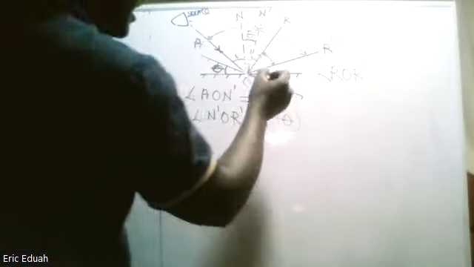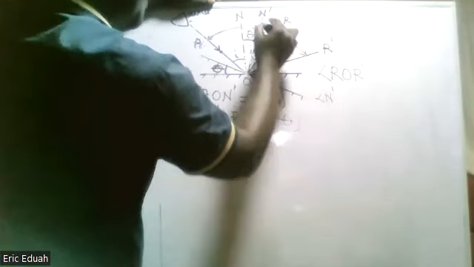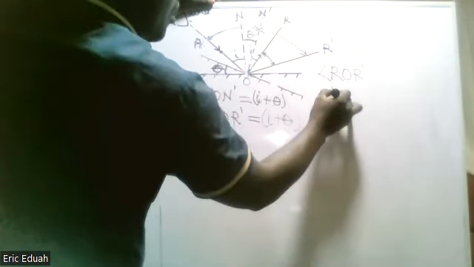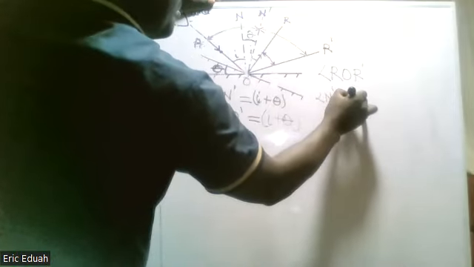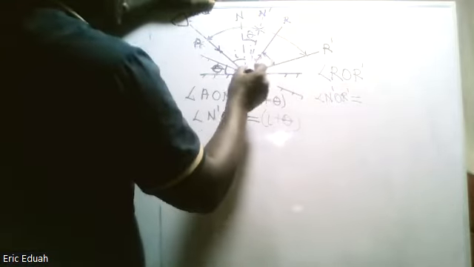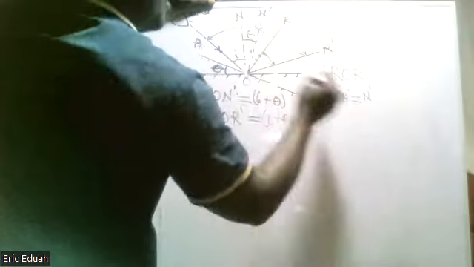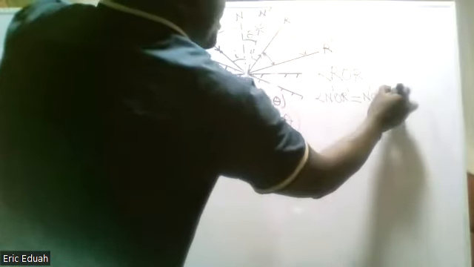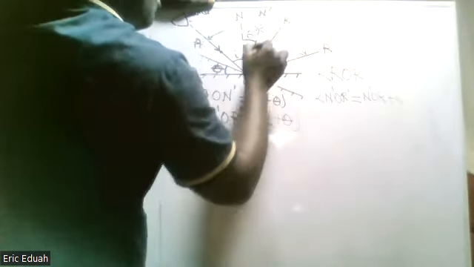But we know that angle N prime O R prime will be equal to this small angle N prime O R plus angle R O R prime.